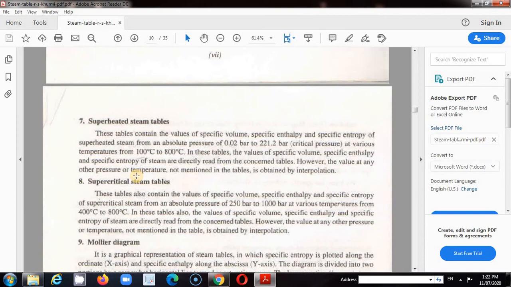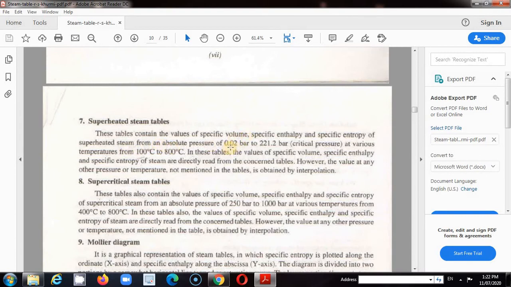So here we get three values: the specific volume, the specific enthalpy, as well as the specific entropy for superheated steam.